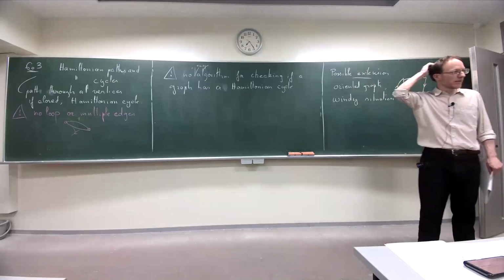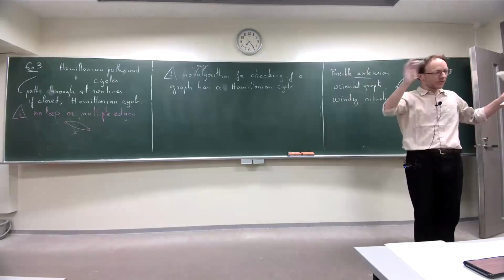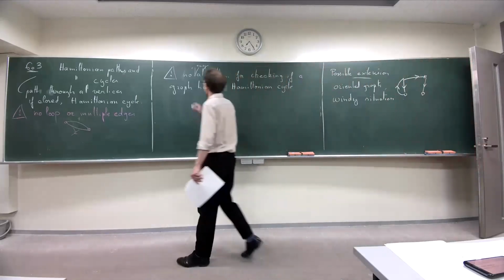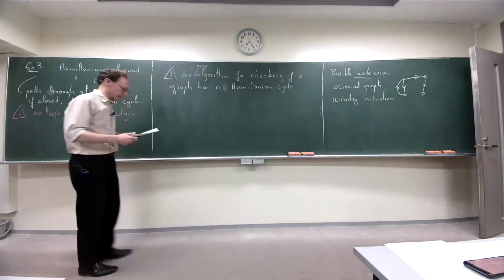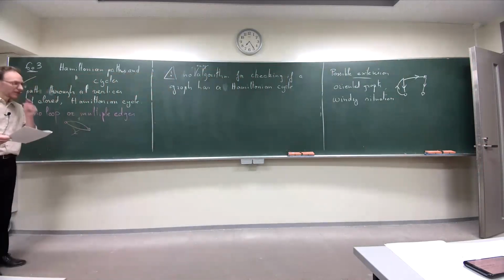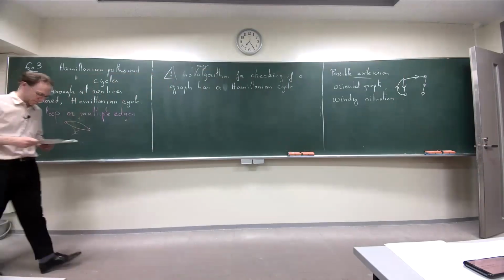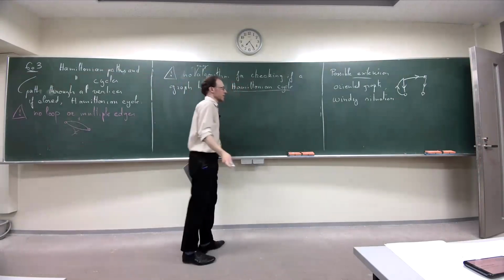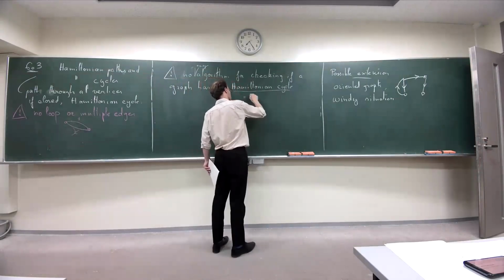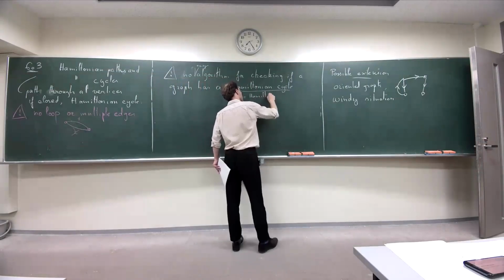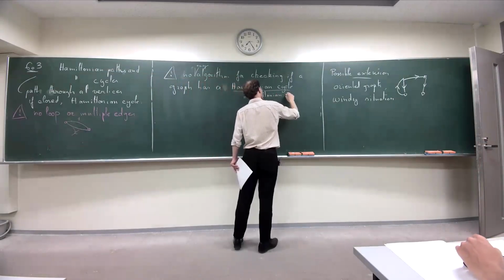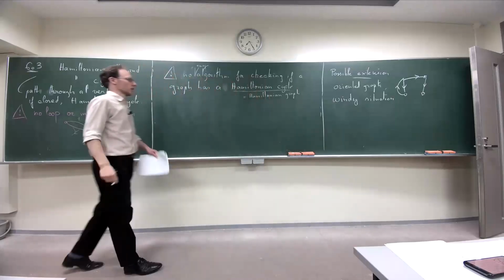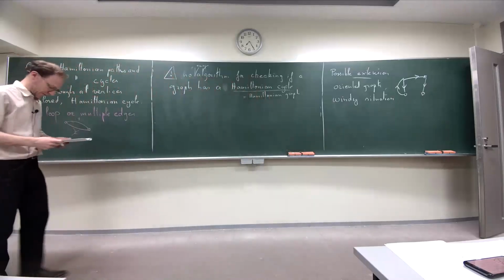But this is not really the best solution, because as soon as your graph is slightly big, it takes too long to check it. So no easy algorithm for checking if there exists a Hamiltonian cycle. And a graph with a Hamiltonian cycle is called a Hamiltonian graph. So if it has a Hamiltonian cycle, you call it a Hamiltonian graph.